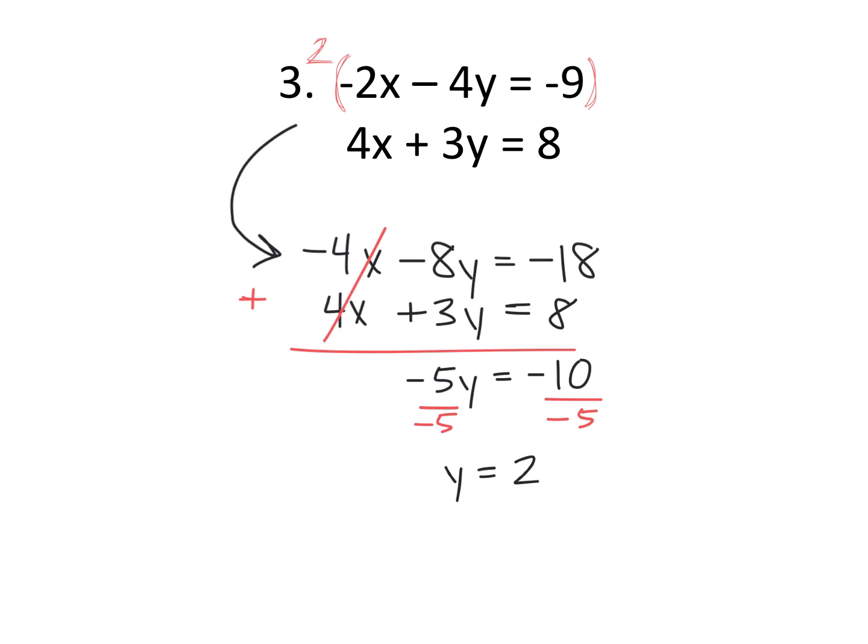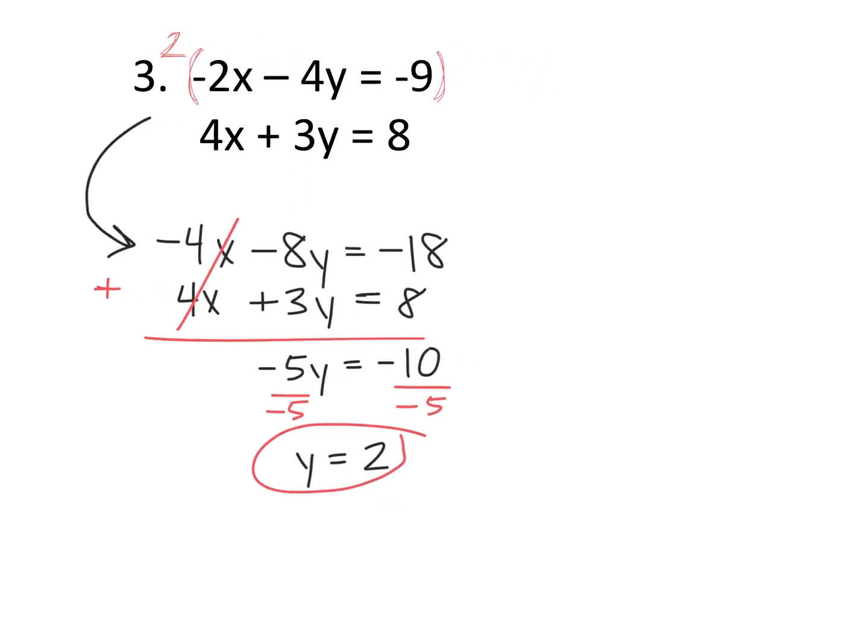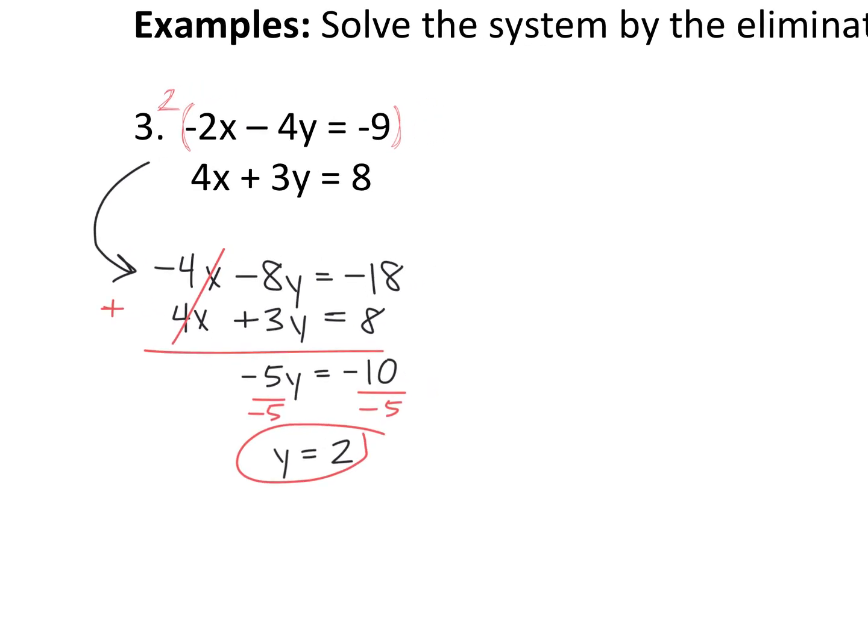Now you have to choose one of your original equations and plug back in. So y is 2. It really doesn't matter which one you use. I'm going to use the bottom one because I don't have any negatives in that one. Where do I put the 2?